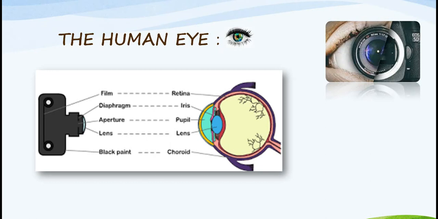Though these terms are related to camera, similar parts are also inside our human eye. Film can be compared as retina, diaphragm as iris, aperture as pupil, lens as eye lens, and the black paint, the choroid part, acts as black paint. So camera working is similar to human eye.